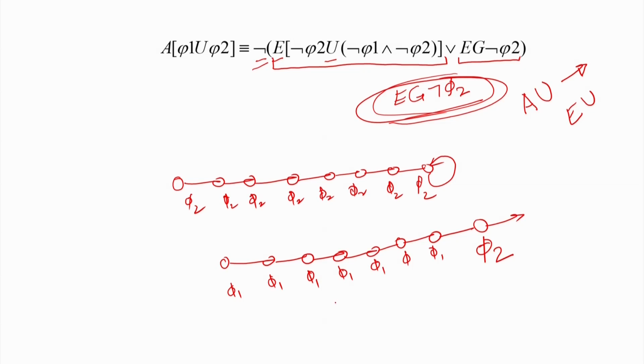Now, say in all the places my phi 2 is false, but in some situation phi 2 becomes true over here. Then A phi 1 until phi 2 is true, because of the semantics we are defining.